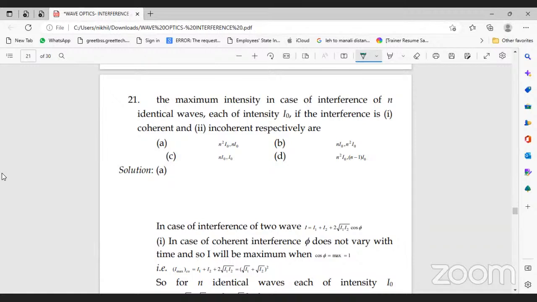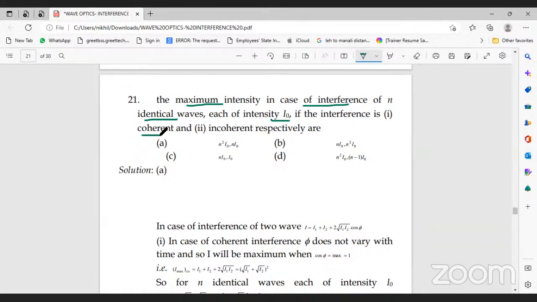Look at this. The maximum intensity in the case of interference, for N identical waves. What is the intensity of each? I naught.